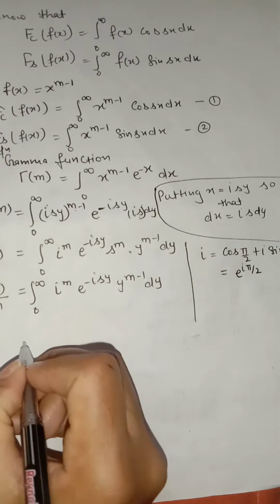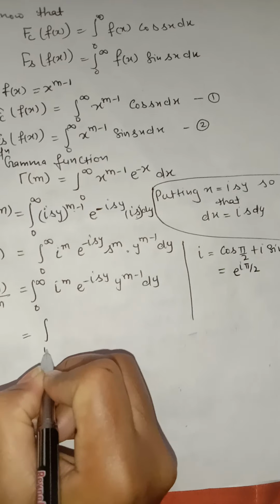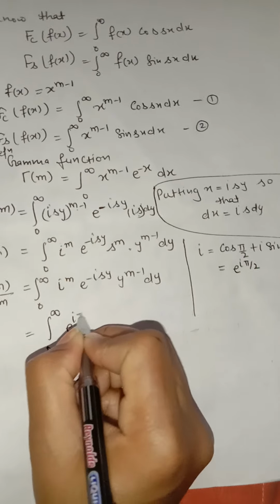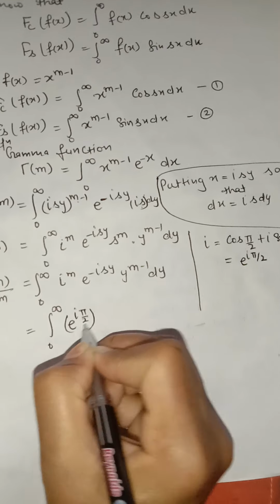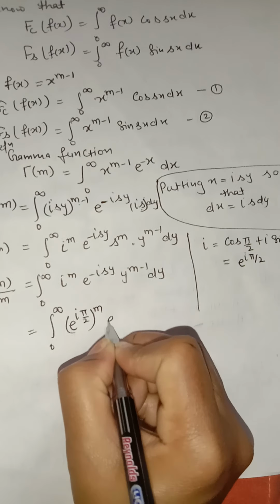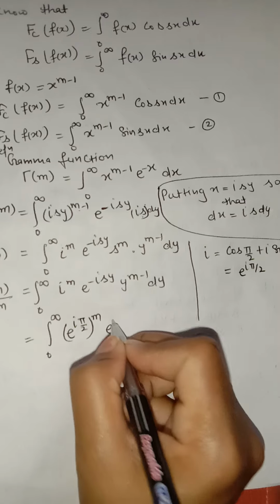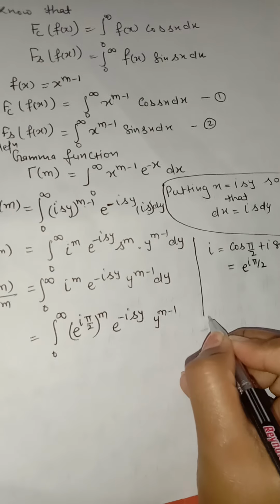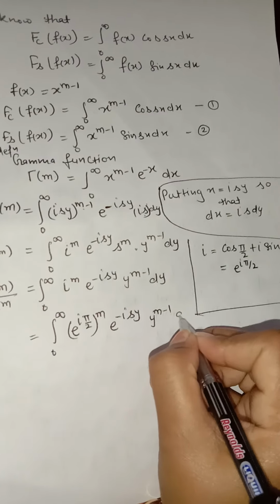Now substituting the value of iota, integral 0 to infinity e raised to power iota pi by 2 raised to power m e raised to power minus iota sy y raised to power m minus 1 dy.